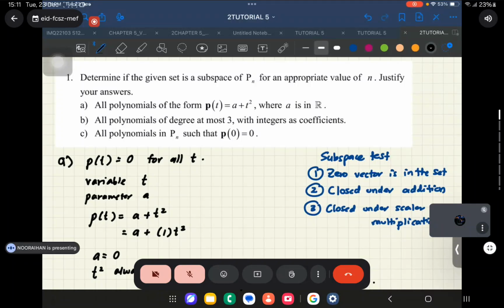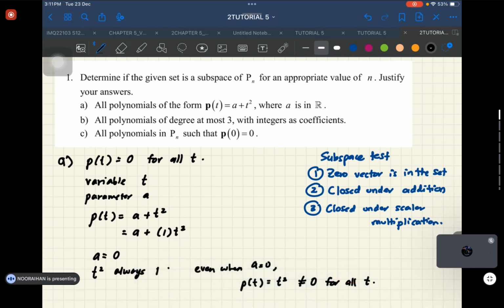The conclusion for number 1A is not a subspace because a zero polynomial is not in the set. Okay.